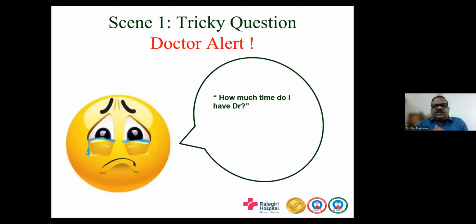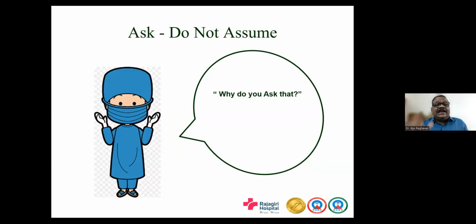Sometimes you may have an emotional response. Doctor, I'm so scared. Doctor, I'm so worried. Doctor, how much time do I have? So, whenever you have a person asking you something, a red light should go in your head. This is not the point to assume why the patient is saying whatever the patient is saying. This is the time not to assume and ask, why did you say that?